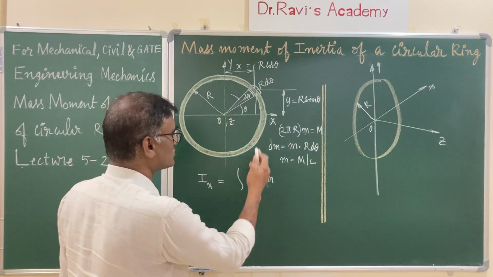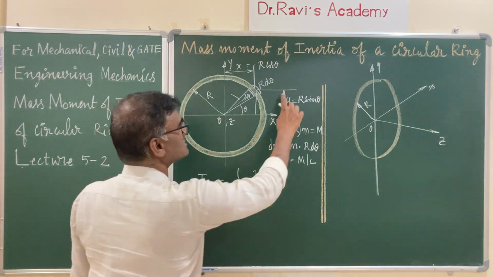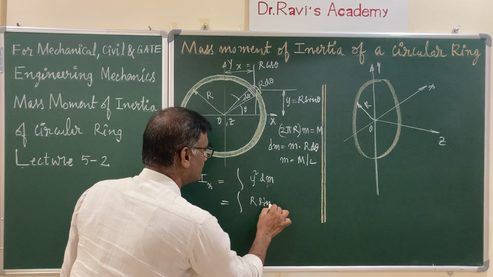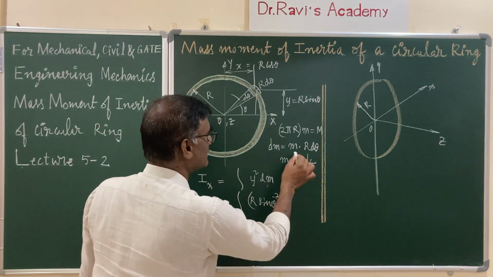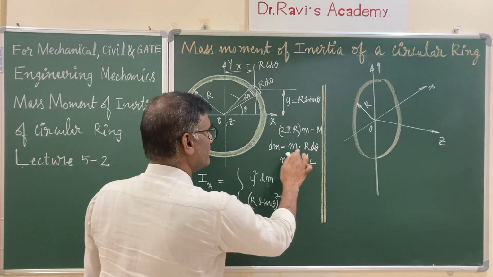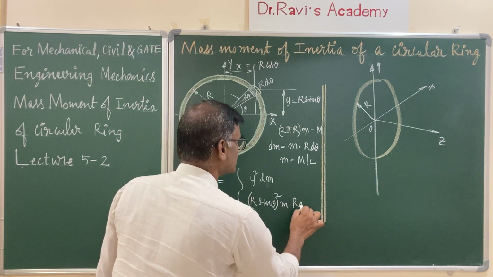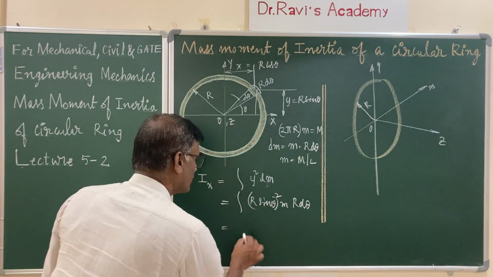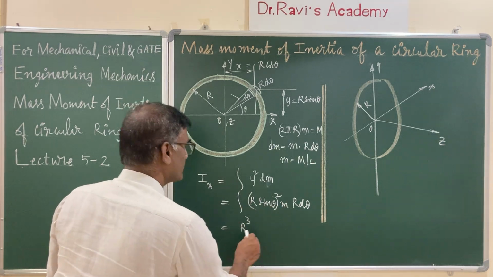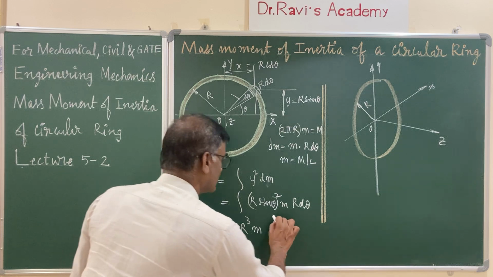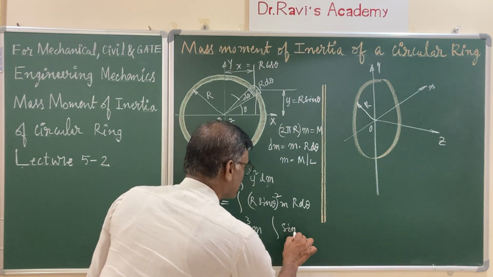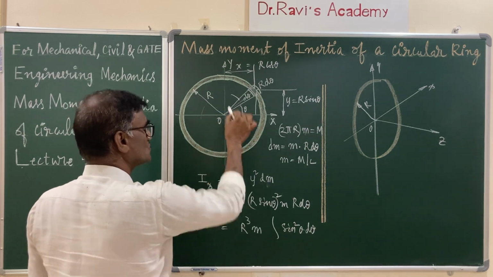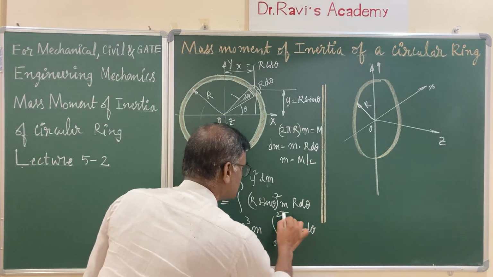So it is the integral of y square dm, and the y value is r sine theta, so the integral of r sine theta whole square. dm is m into r d theta. r is constant, and of course you have r square and one more r, that is r cubed. m is also constant, you can keep it outside, and you have the integral of sine square theta d theta. The limits of integration are 0 to 2 pi, and this is a standard integration.